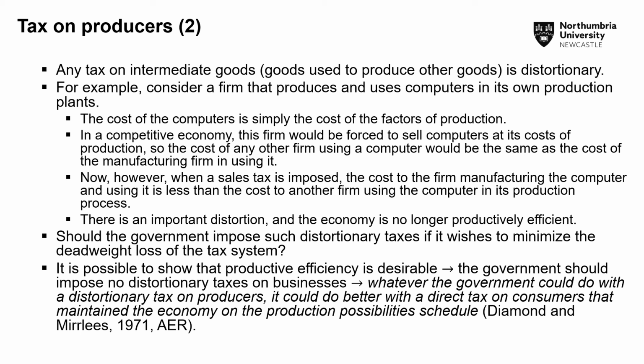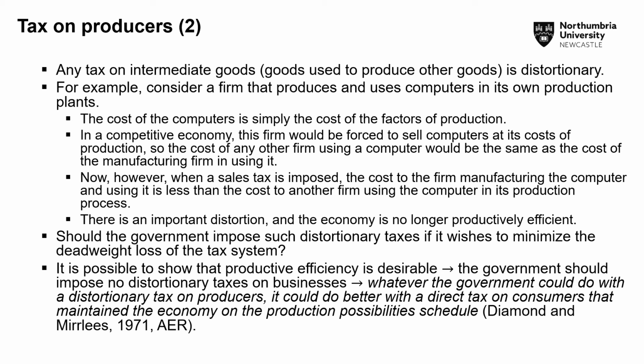And in a competitive economy, we'll sell those computers at cost, the cost of production, which is the cost of the factors that go into producing that computer. Now that computer can be sold to other firms at cost who would use that computer in their production process.